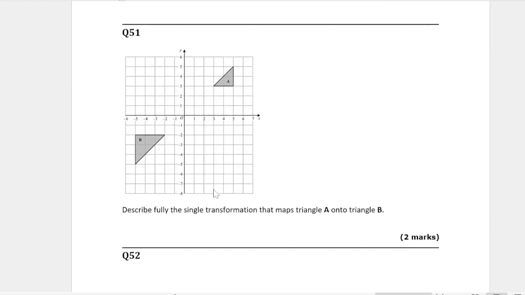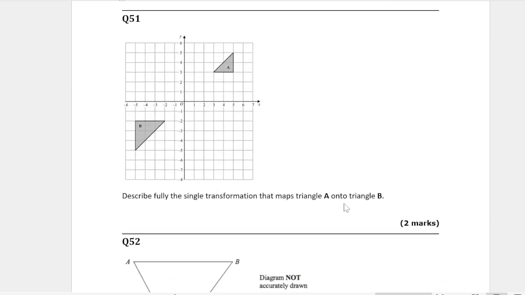Okay, 51. Describe fully the single transformation that maps A onto triangle B. So it's bigger. It's looking like we've got an enlargement. Just checking that. So let's put in better lines.